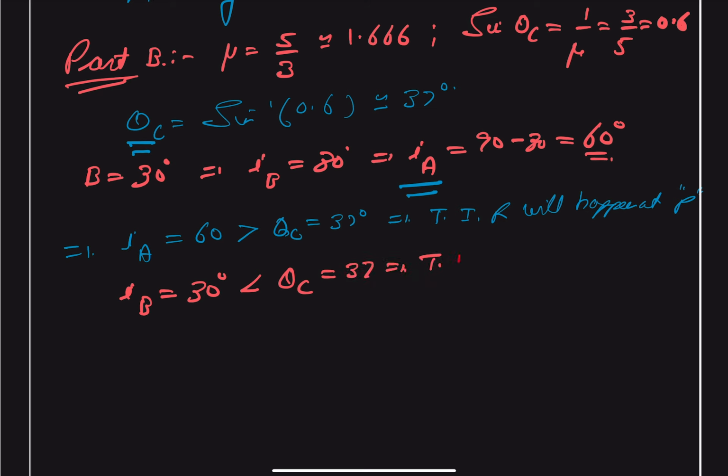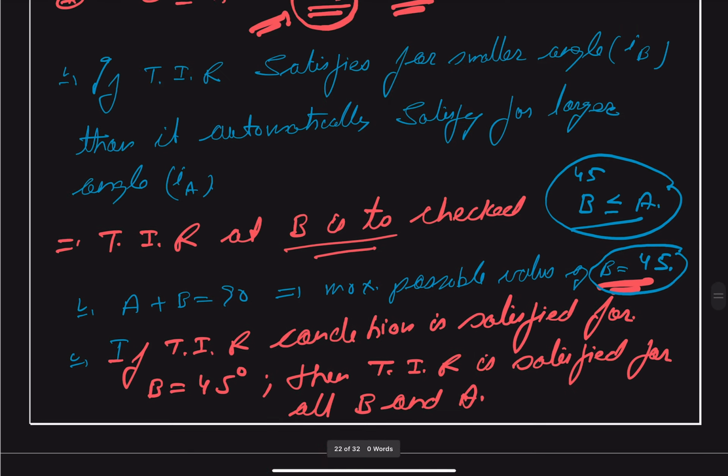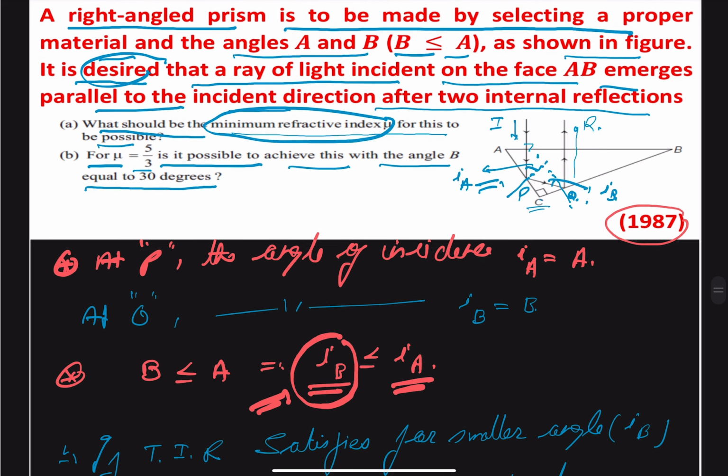Therefore total internal reflection will not happen at Q. So it means the total internal reflection will be at P, not at Q. So it is not possible to achieve this when mu is 5 by 3 and B is 30 degrees. Reflection is going to happen at P but not at Q, so going back parallel is not possible.